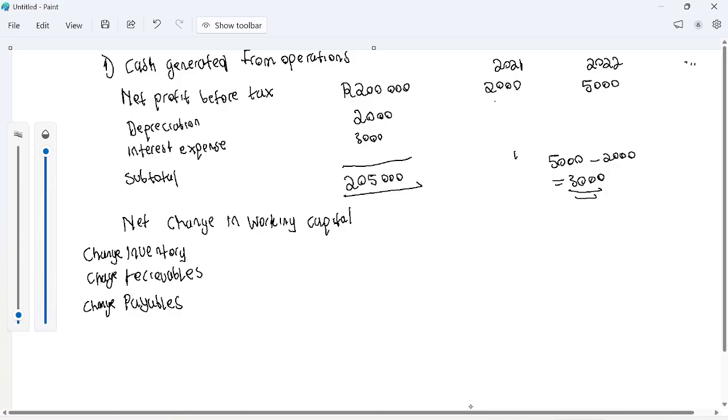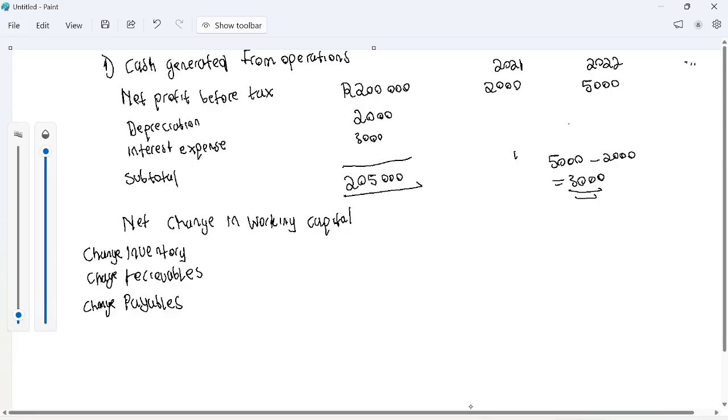So when your inventories increase, it means there was an outflow of money, because what caused our inventory to increase was the entity buying the goods or services. What do we buy the goods and services with? With our money. So an increase in inventory results in an outflow of money.